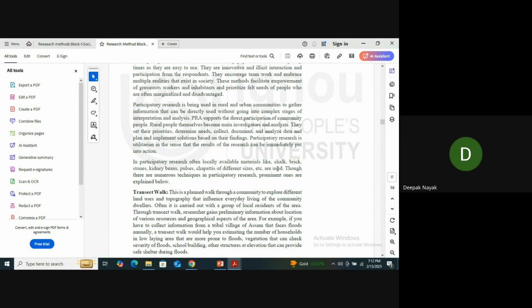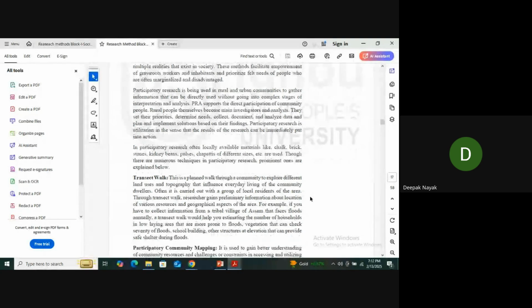Participatory rural appraisal is conducted, and in order to have a stake, there is a need for participatory rural appraisal.